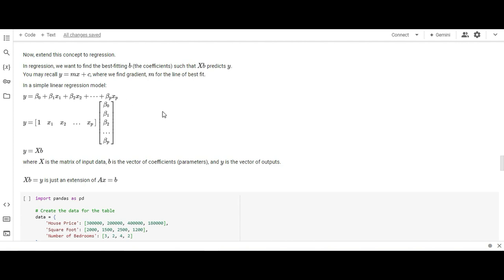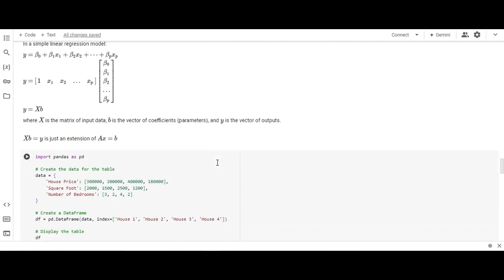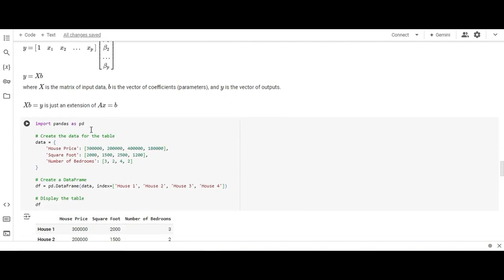As I said, in real world data, we have n by n or m by n. So we can take out the beta. Now the equation becomes X multiplied by beta, and you can realize that X beta equal to y is just an extension of Ax equal to b.